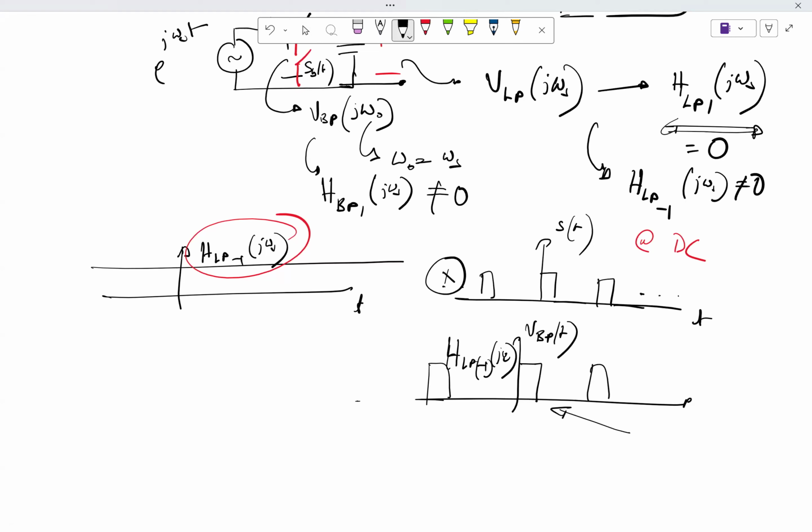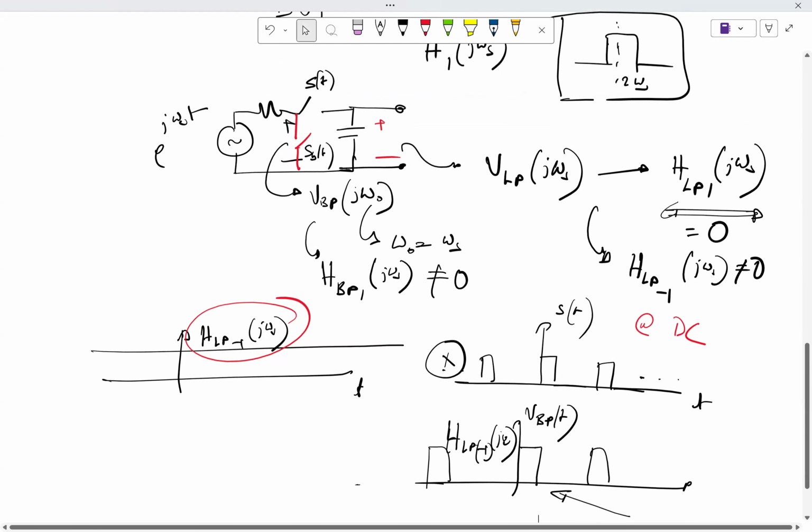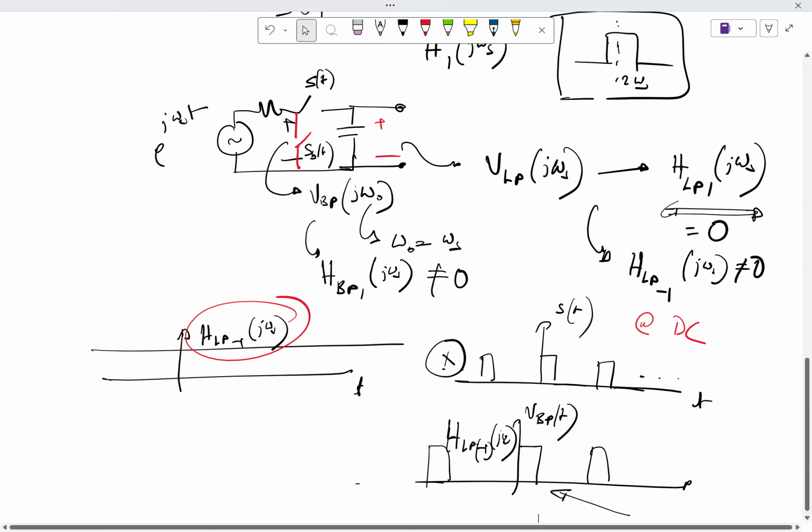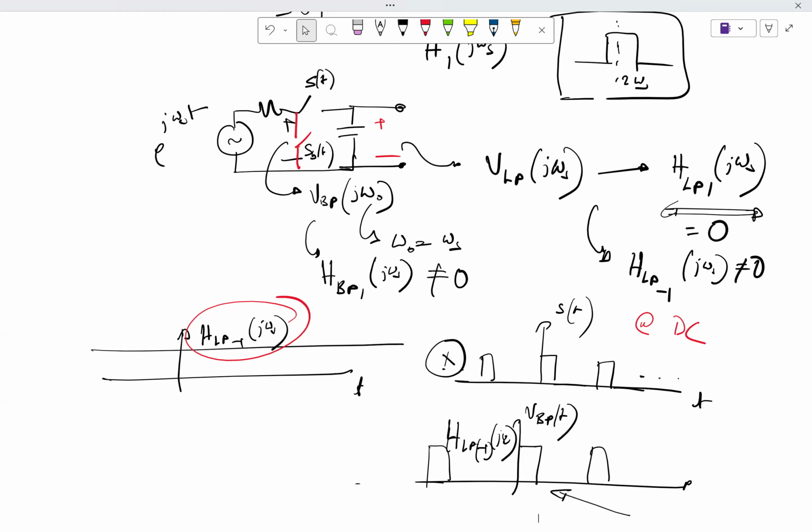Okay, fine. So we agree that the non-zero harmonics at the bandpass node are a result of the zeroth harmonic being finite at the low pass node, for this particular structure.